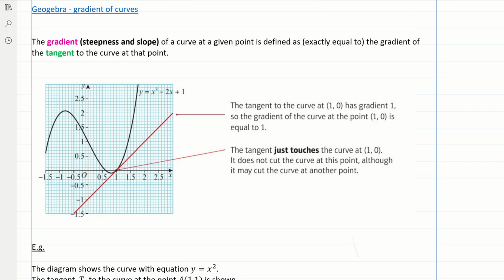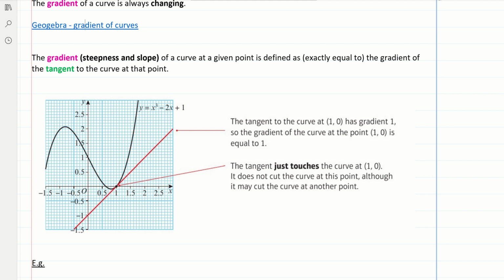At GCSE, to find the gradient, say, of this point on the curve, you were simply asked to draw a tangent and then work out the gradient of that tangent. But this is not as accurate as picking 2 points on the curve and then finding the gradient of the chord.